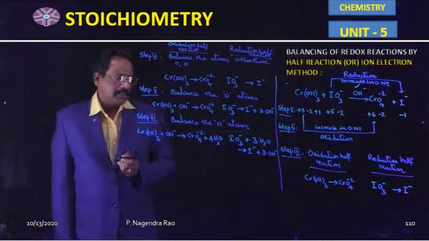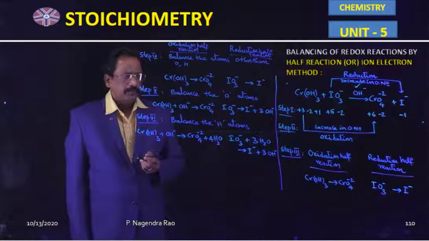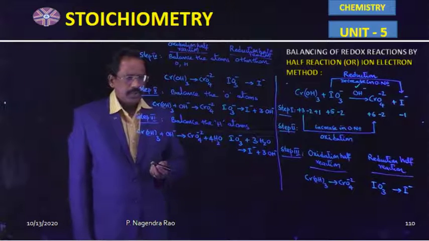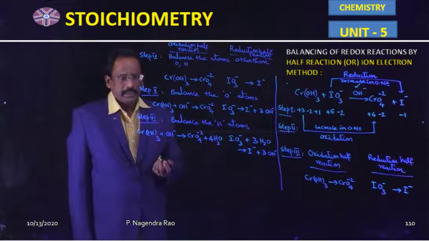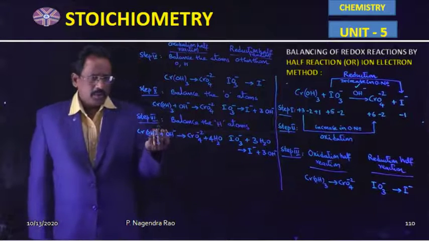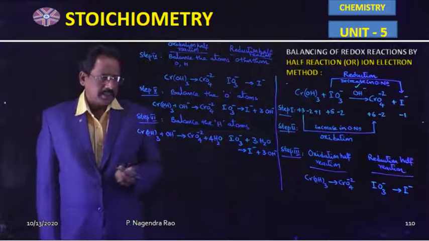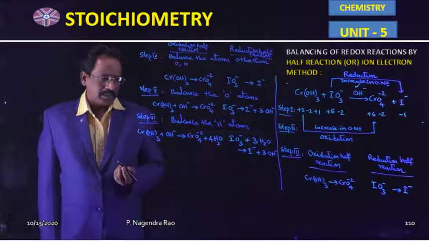IO3 minus plus 3H2O gives rise to I minus plus 3OH minus. After that, both oxygen and hydrogens vary by the addition of water molecules.